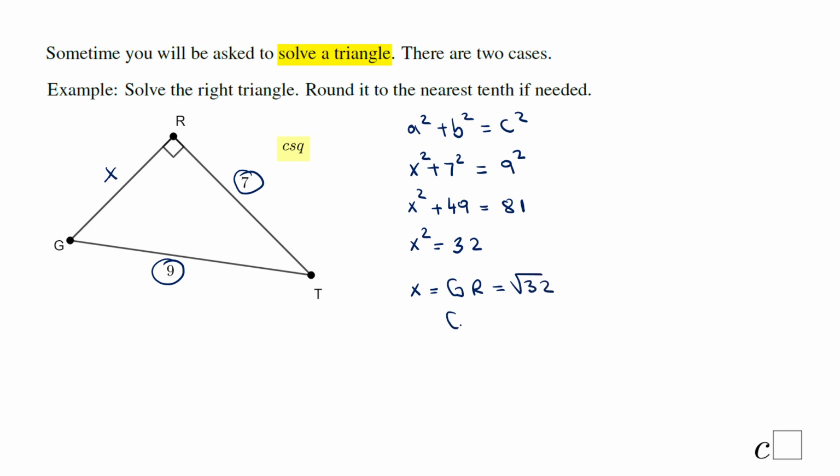If you want an evaluation, of course you need a calculator. By the way, this one can be simplified as square root of 16 times 2, so that will be 4 square root of 2, in case you need that. In the calculator, we're just going to put square root of 32 and see how much that is. Okay.